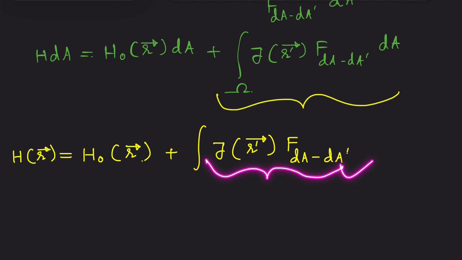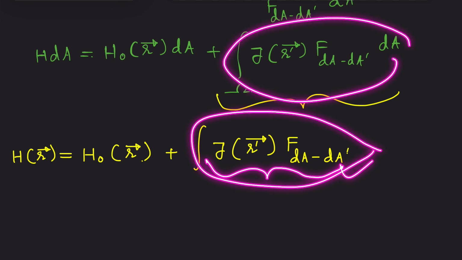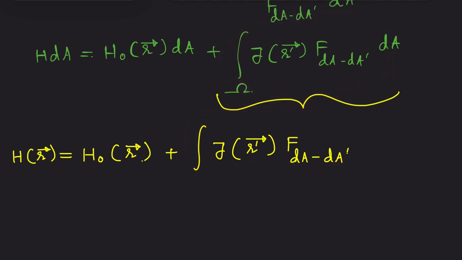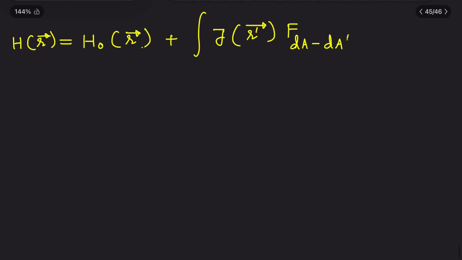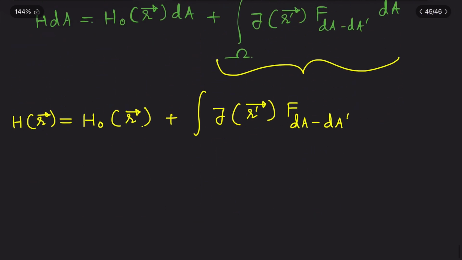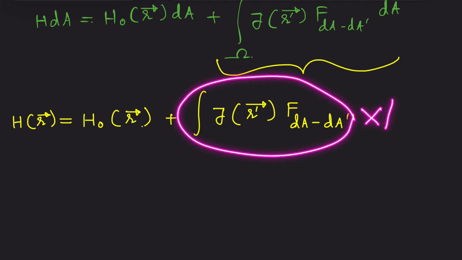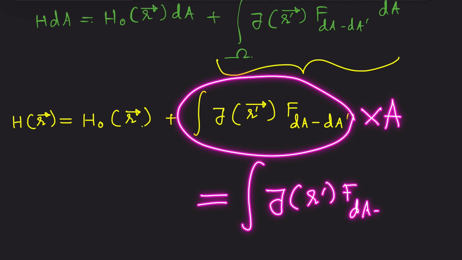So if you say what will be the correlation between this and this, if I have a finite amount of area, then I can write that this guy into that finite amount of area is equal to integration of this and this dA, integration over that area.